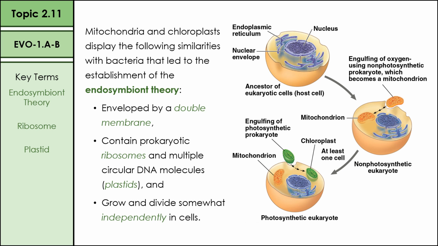The fact that both have their own DNA molecules also allows them to duplicate themselves rather than being duplicated by the rest of the cell when it's ready for cell division. So they can grow and divide somewhat independently within cells.